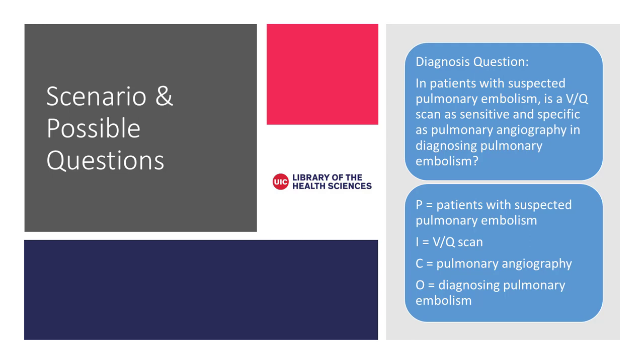Our intervention is a diagnostic test or the VQ scan. We want to compare it to another diagnostic tool, pulmonary angiography. And the outcome that we are interested in is the diagnosis of pulmonary embolism. In this question, we also see the phrase sensitive and specific. This is making use of the type of question element, in this case, diagnosis.